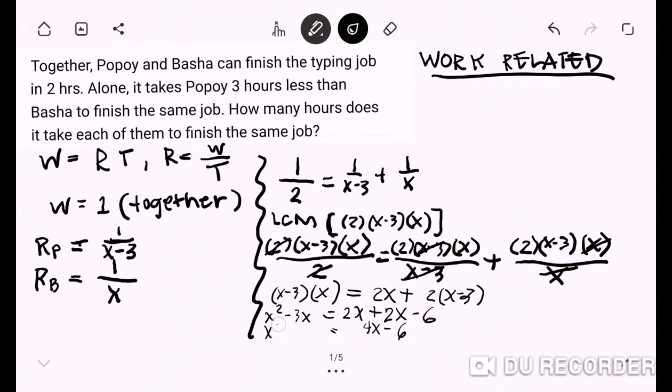So, para mas malinaw. So, meron na tayong, dito na tayo sa kabilang banda. x squared minus 3x minus 4x plus 6 equals 0. So, we can combine negative 3x and negative 4x, so that will result to negative 7x.